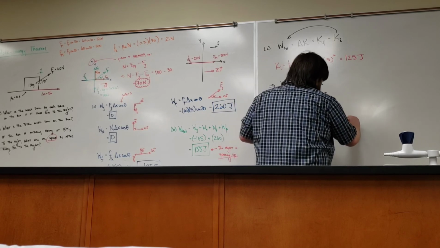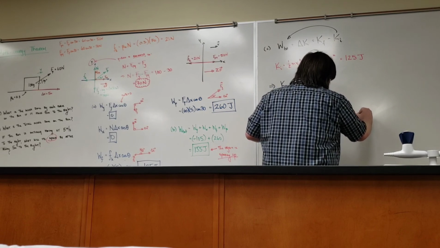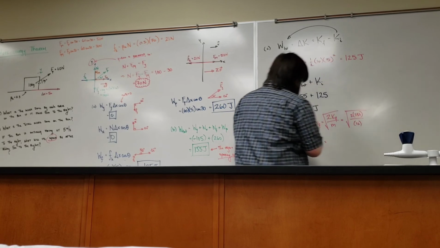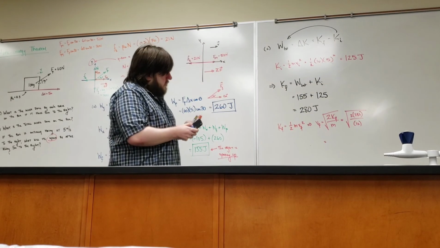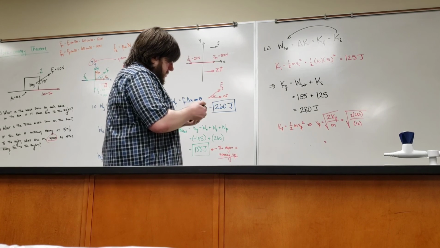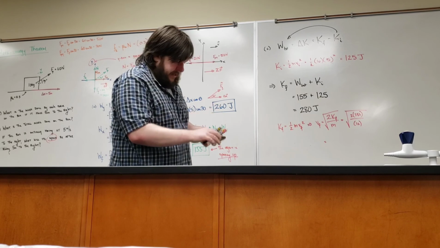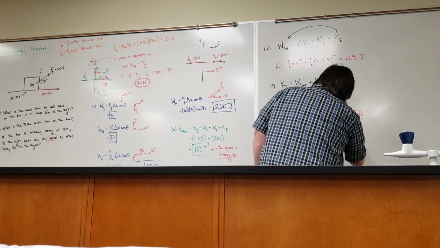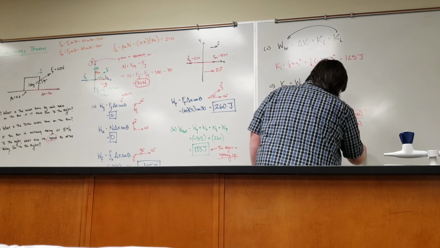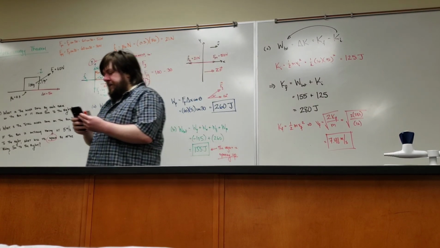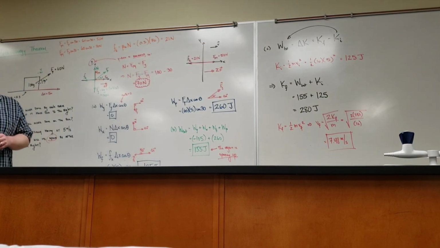Square root of 2 times 280, and m was 10 kilograms. It's 56, and the square root of 56 is 7.48 meters per second. Any questions?